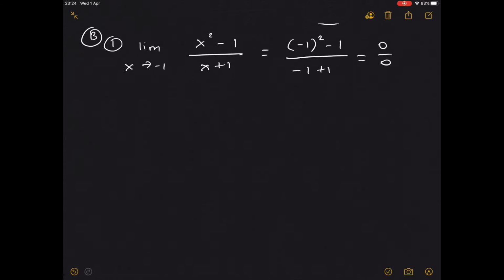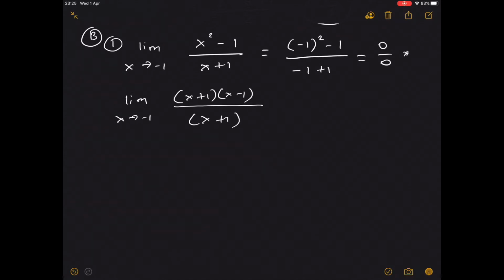So if you have a value like this, you have to check if you can simplify the function. So if you have the limit when x approaches negative 1, the x squared minus 1 can be factored into x plus 1 and x minus 1 over x plus 1.